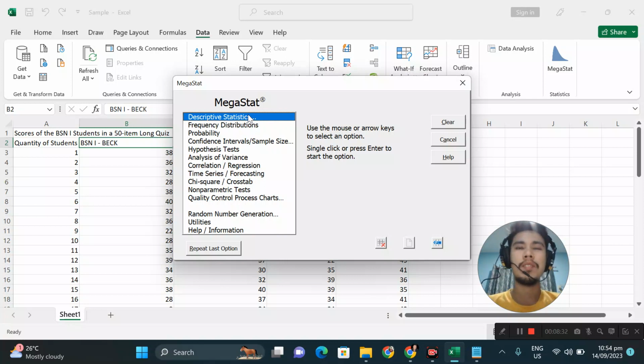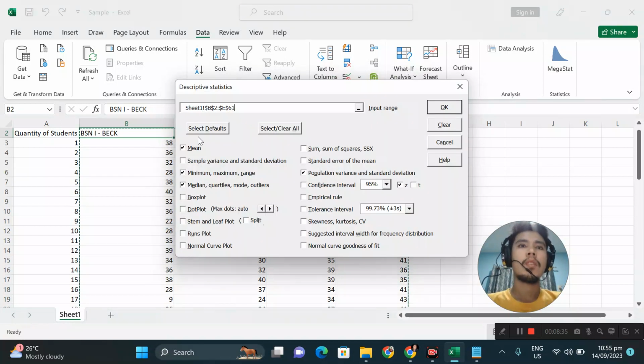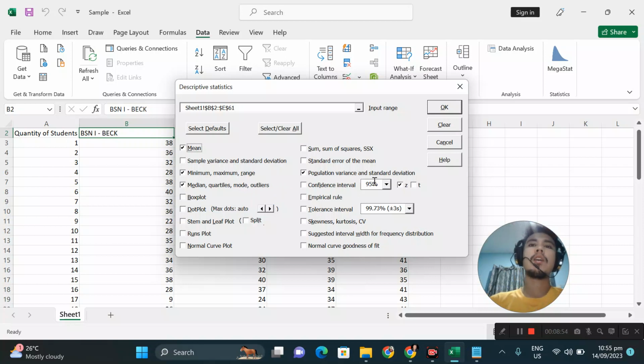the descriptive statistics. There are a lot of options, but I'm going to put a check on the mean, the minimum, the maximum, and the range, and of course the median, the quartiles, the mode, the outliers, and the population variance and standard deviation.